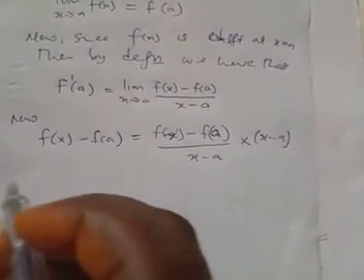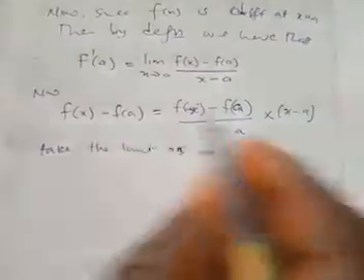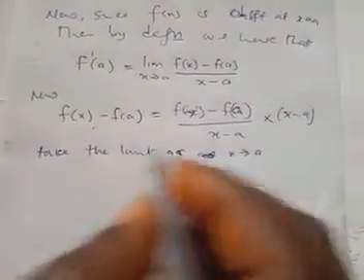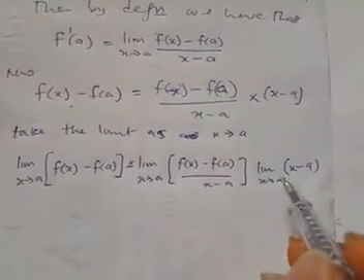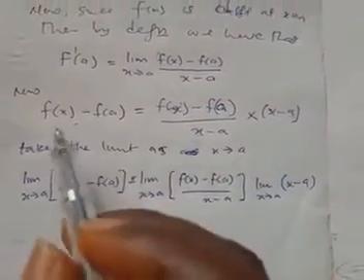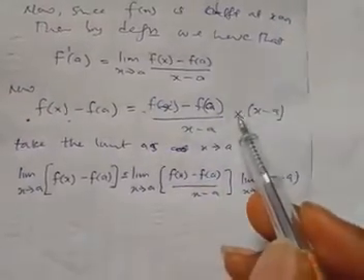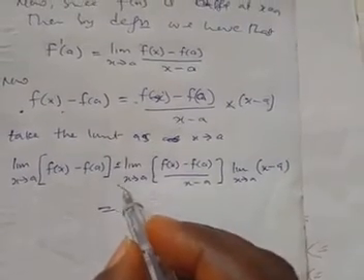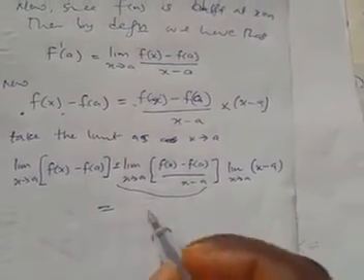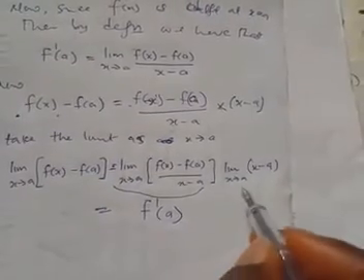So we take the limit of both sides as x tends to a. So we put the limit on both sides, and we have the following. Now, if you look at this, f of x is differentiable at a, which means this one represents f prime of a.